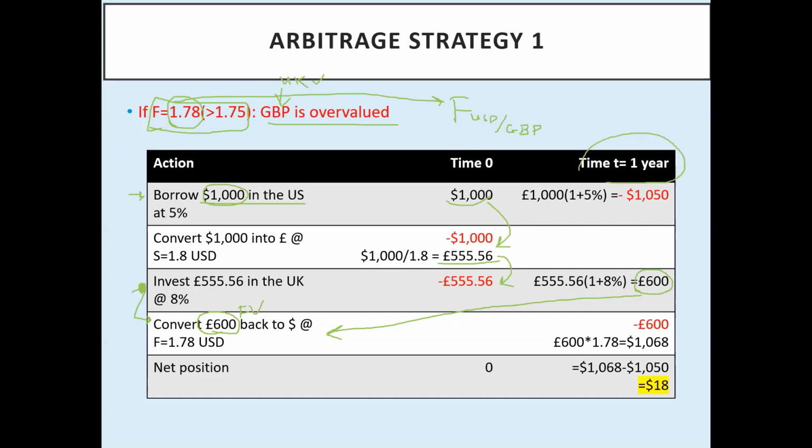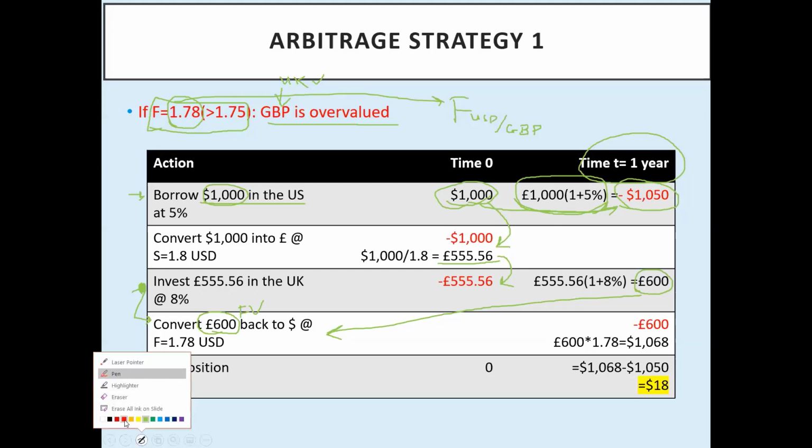So if we look at time t, which is when the investment matures. With the first step, because we borrowed here, we will need to pay back our lenders. How much do we pay back? We pay back the future value of $1,000. I'm sorry, this is a typo here. This one should say the USD.